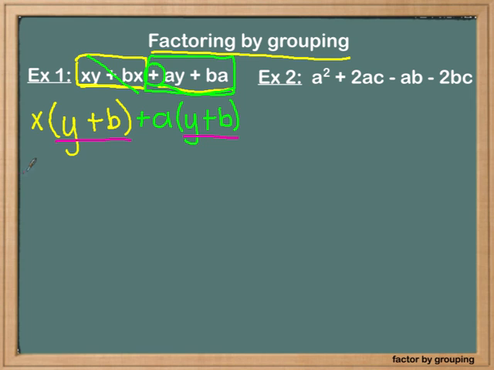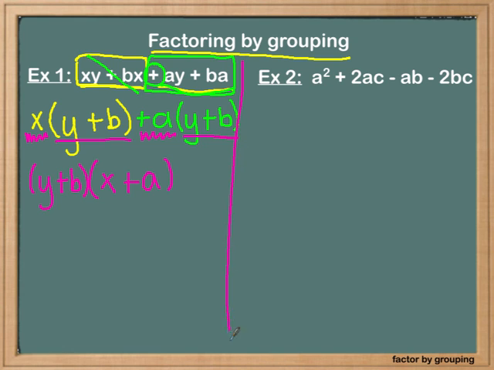So we actually pull that out in front as a binomial GCF. So we're going to put a y plus b in front. We just write it once in front because it's a common factor. And what we're left with are the things in front, our original GCFs. So in this case an x and that plus a. And we're done.